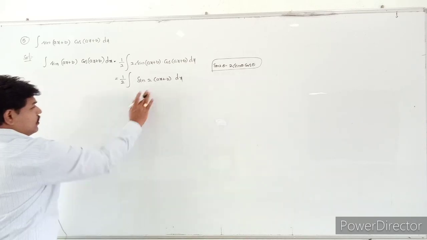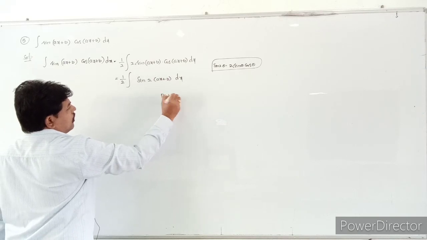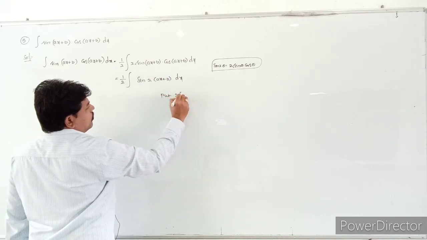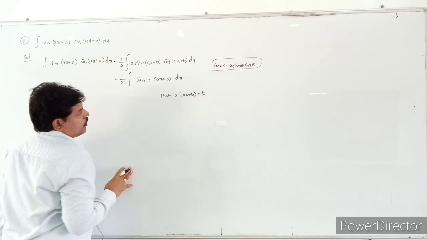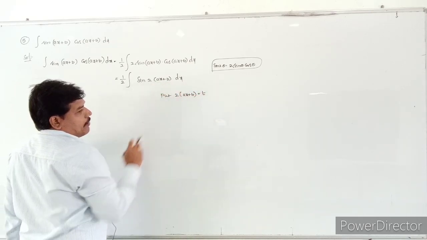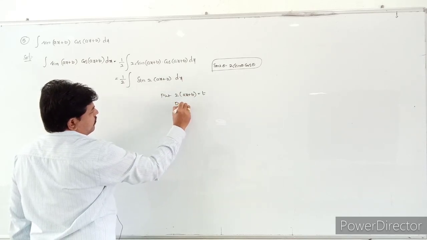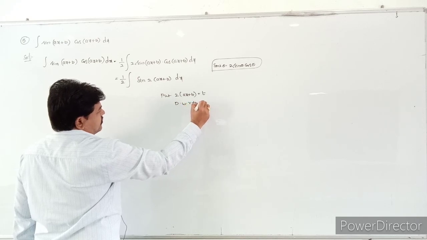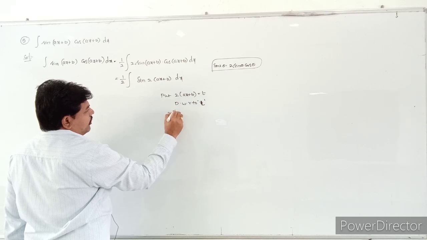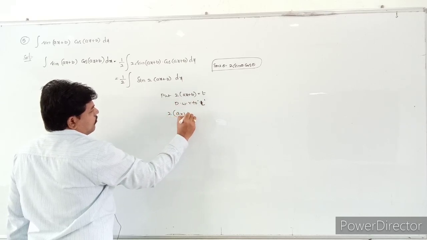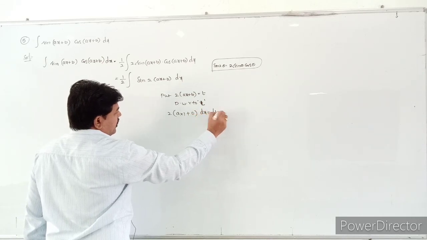So in this step, put 2 into ax plus b equal to t. 2 into ax plus b, I am taking it as t. So what happens? Differentiate with respect to t. 2 into a into 1 plus derivative of b, which is a constant, 0, into dx is equal to dt.